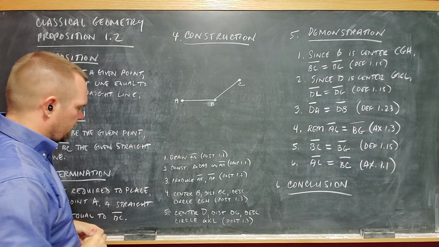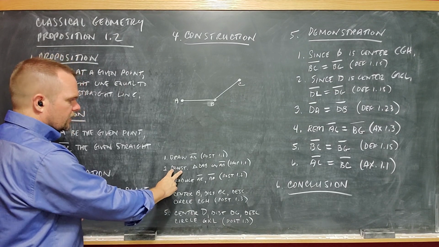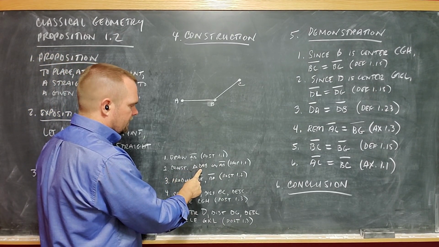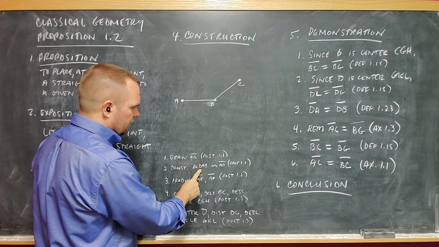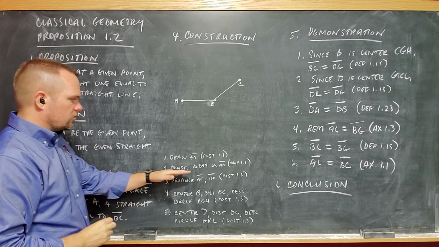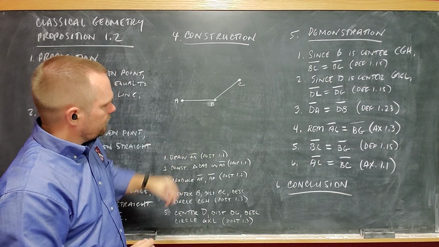That's our first step. Our second step of our construction is to construct an equilateral triangle named DAB, triangle DAB, on the straight line AB.